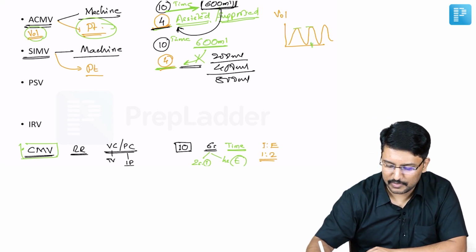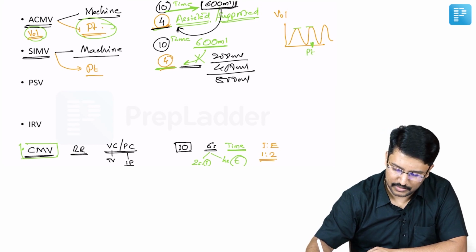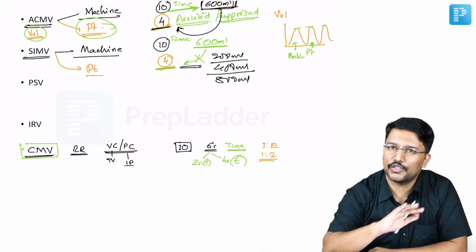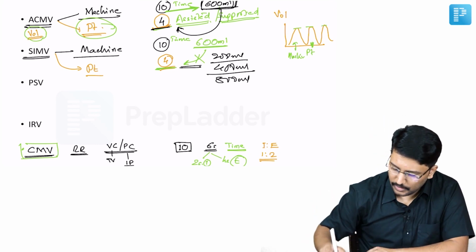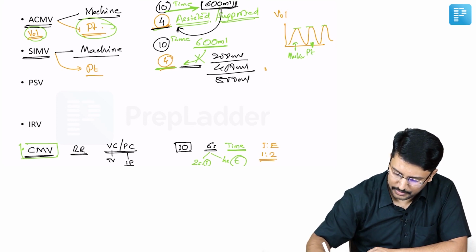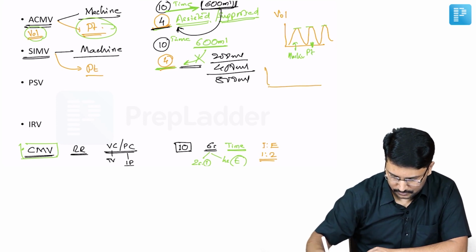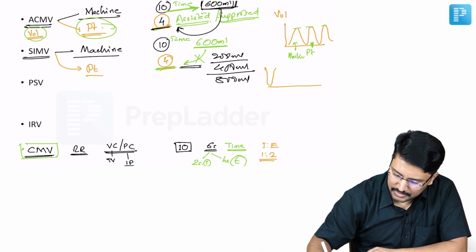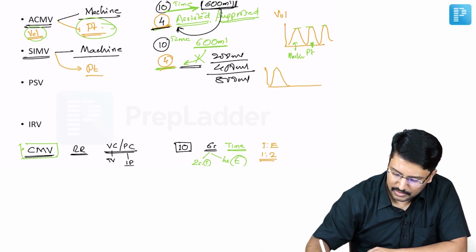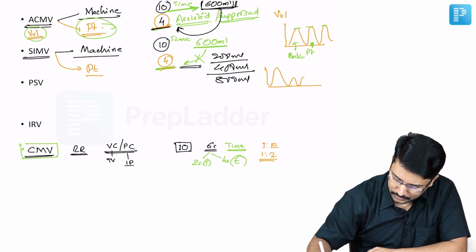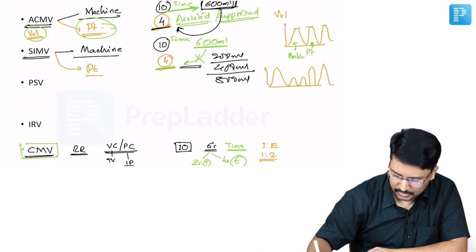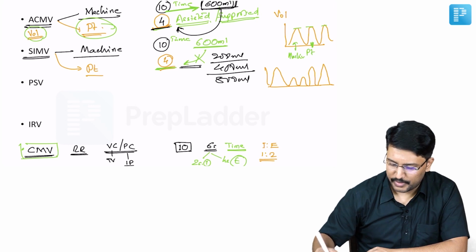So for example, if this breath is triggered by the patient and this is triggered by the machine, the tidal volume is delivered similarly, so it all looks the same. If you do that for SIMV, machine triggered breaths are obviously in our controlled situation, and patient triggered breaths may not have the fixed tidal volume being achieved.